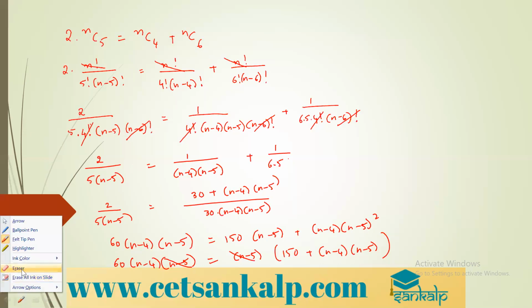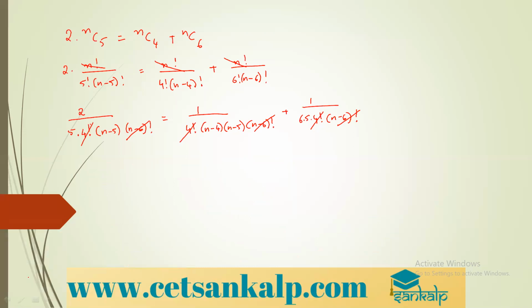So let me correct that. I'll start doing from here. 2 by 5 into n minus 5 equal to 1 by n minus 4 into n minus 5 plus 1 by 30. This is what I have.